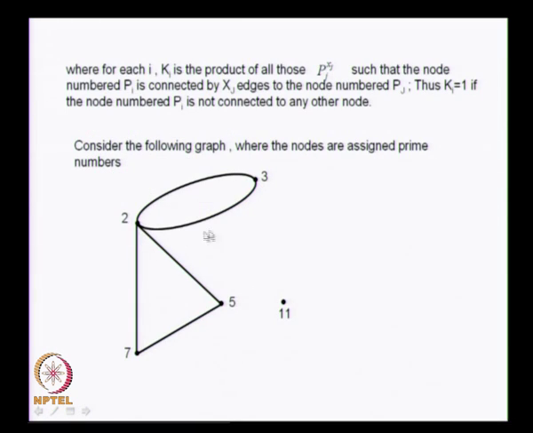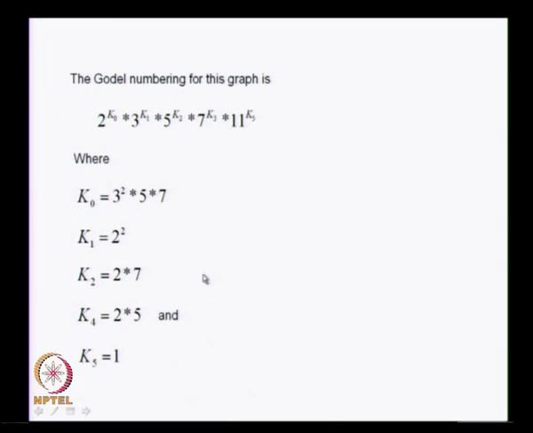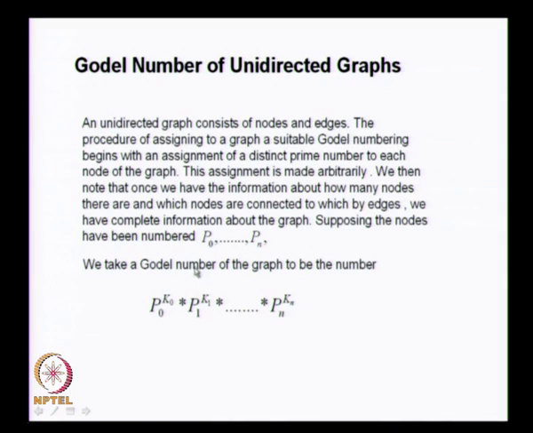So, I have a graph with 4 nodes and I am assigning prime numbers to this. So, 2 is assigned to this, 3 is assigned to this, 5 is assigned to this, 7 and 11. So, you could have given in a different way also. This assignment is arbitrary, and when we note that we have information about how many nodes there are and which nodes are connected to which by edges, we have complete information about the graph.